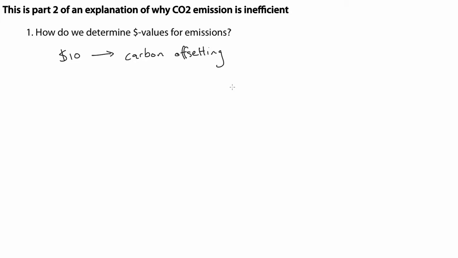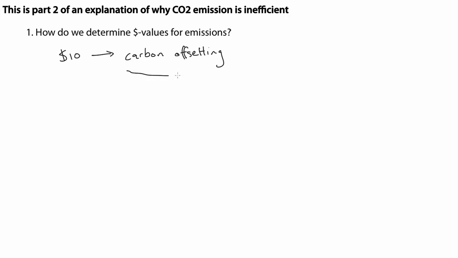Therefore, your purchase for $10 of that offset does reduce the world's emissions by 1 ton. So in effect, that's equivalent to your not emitting the last ton of carbon dioxide. So that price of $10 is reasonably accurate for someone like you right now.